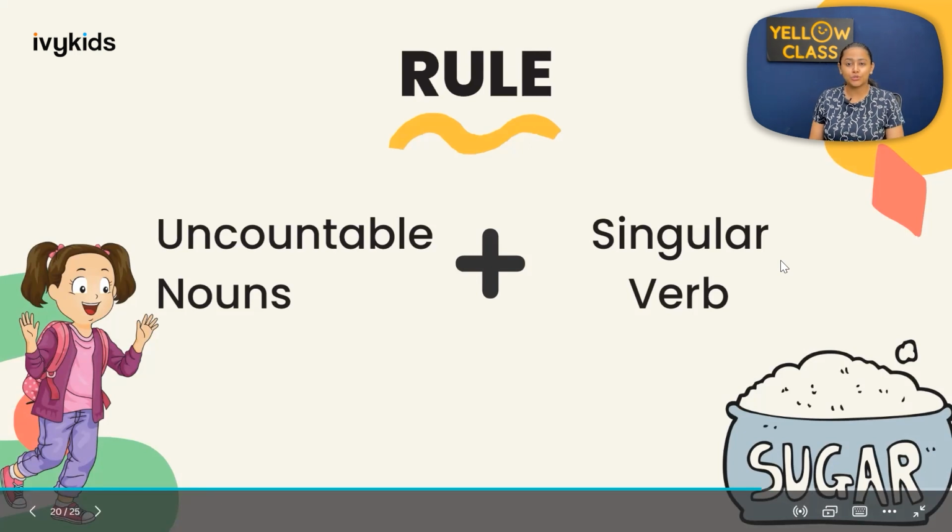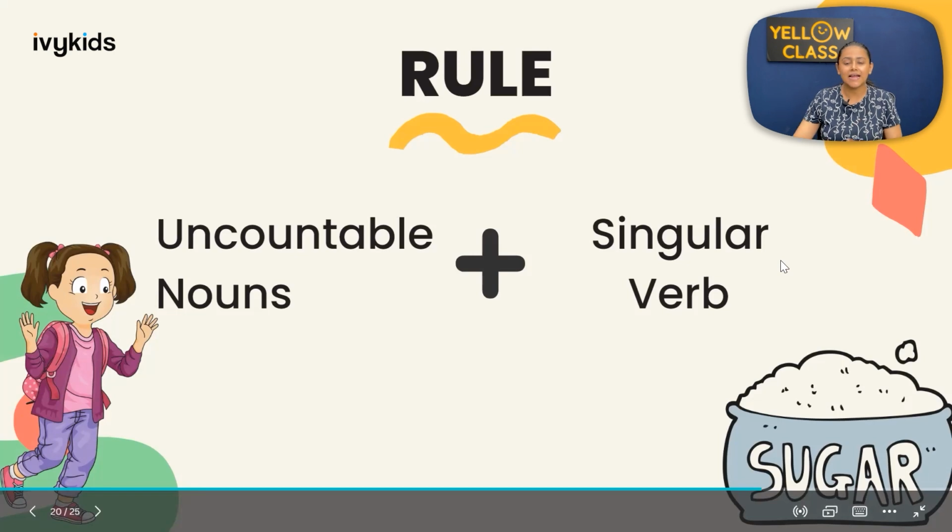But when I talk about uncountable nouns, these are those nouns which we are not able to count, or which are tough to count. For example, water, sugar, rain, and there are many examples like this. So all these are uncountable nouns. Nouns which we are not able to count. Yes?